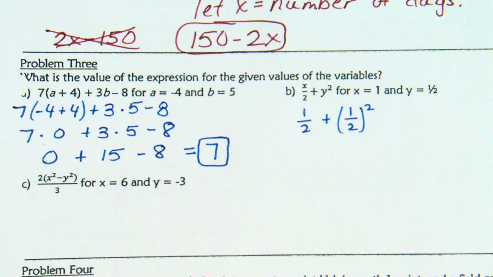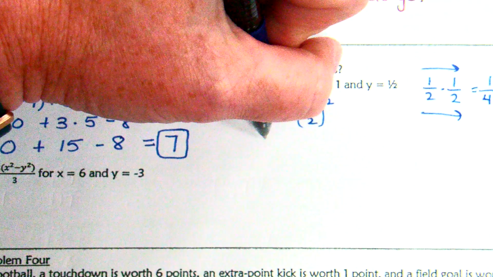How do you do 1/2 times 1/2? How do you multiply fractions? You just multiply straight across, right? Top times top, bottom times bottom. It's not a difficult thing, guys. This one's doable. It's easy numbers. 1 times 1, 1. 2 times 2, 4. So what is squared? 1/4.